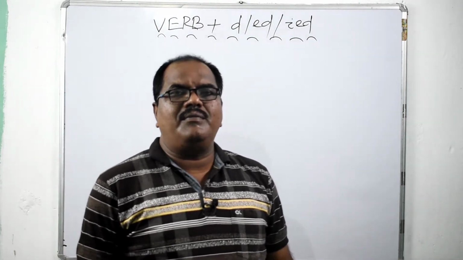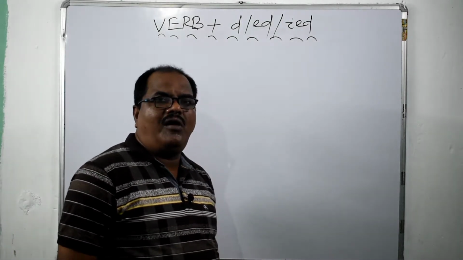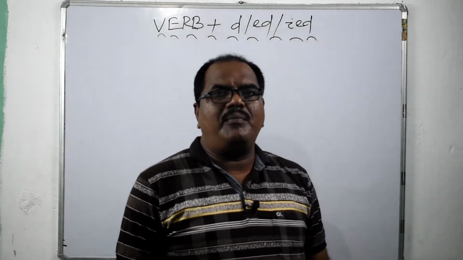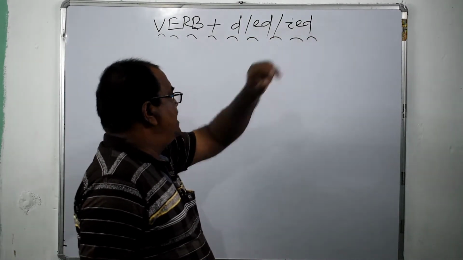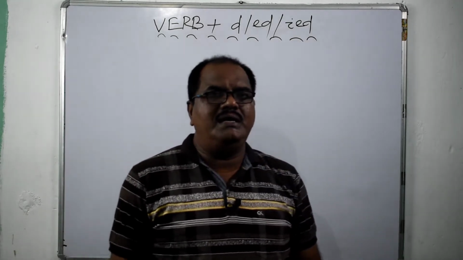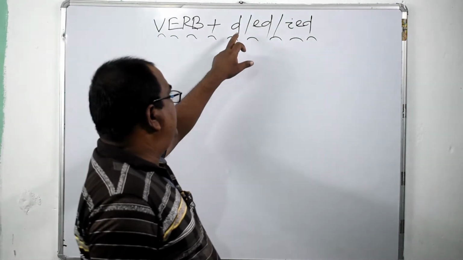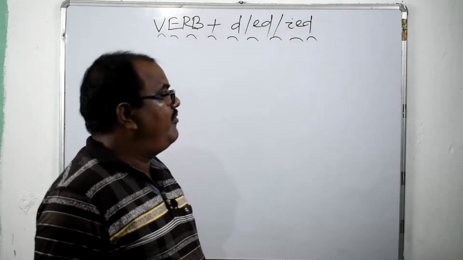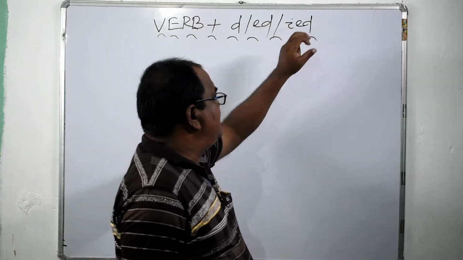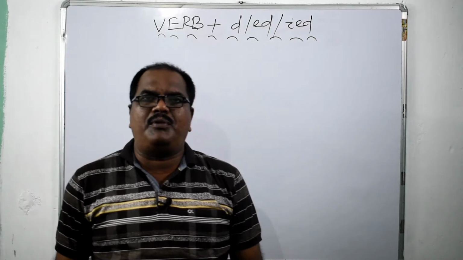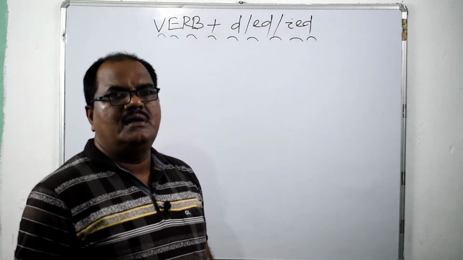A regular verb is a verb whose past and past participle forms are formed by adding d, ed, or ied. So today we will discuss different rules about when and where d is added to the first form of the verb, ed is added to the first form of the verb, and ied is added to the first form of the verb to make its past and past participle forms.